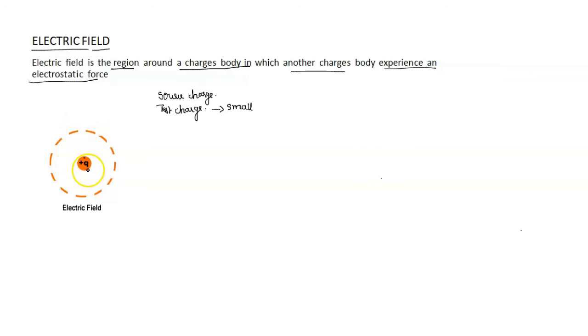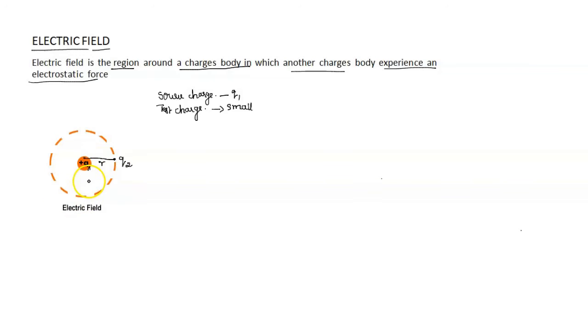Consider one simple example. Suppose Q1 is here, which creates a field around this charged particle. Here Q1 is our source charge, and we consider another charge Q2 at a distance r from Q1, at the surface of this region created by Q1.